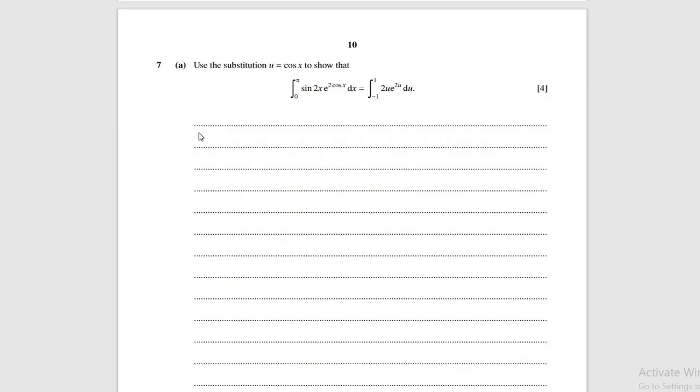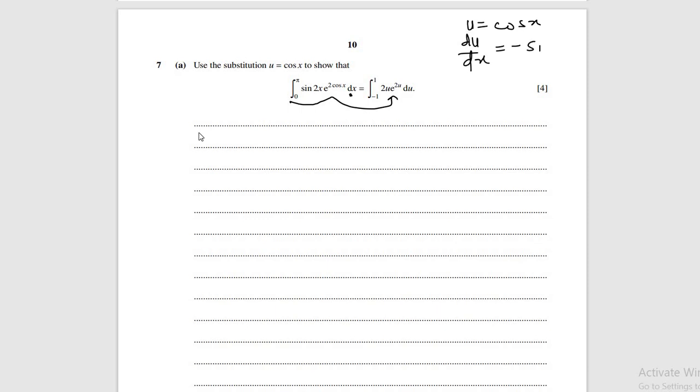Next question, number 7. Put u to be cos x, show that this is this. They ask me to put u to be cos x. Let me do it here so I can manage the space. Because of the dx here, I must differentiate this. du/dx will be minus sin x.